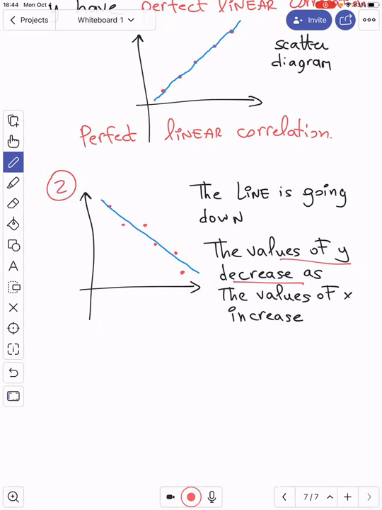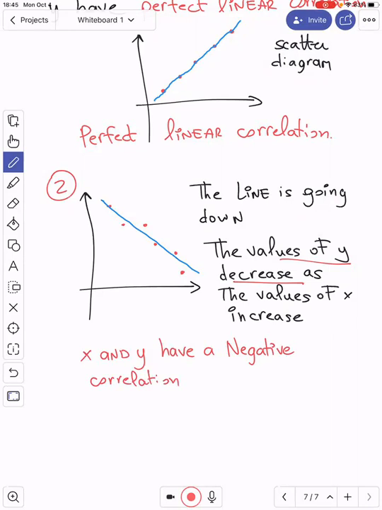So in this case, the rate is negative. So X and Y have a negative correlation, if your line is going down.